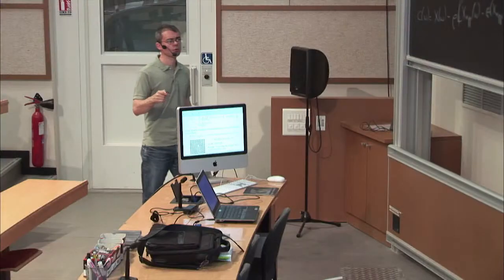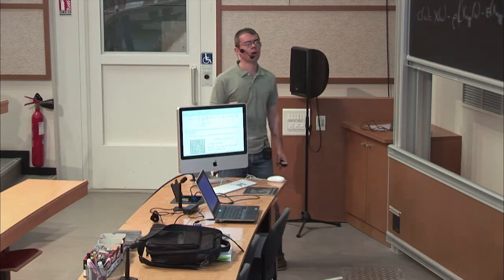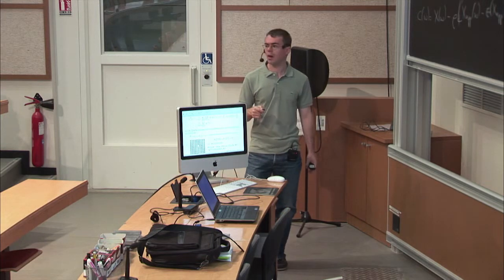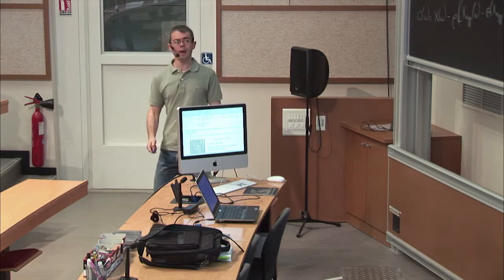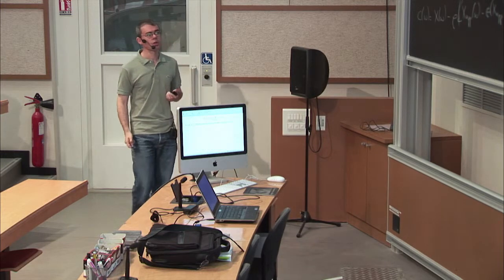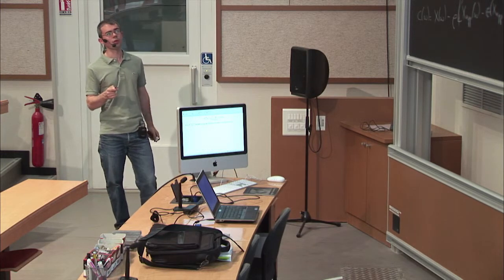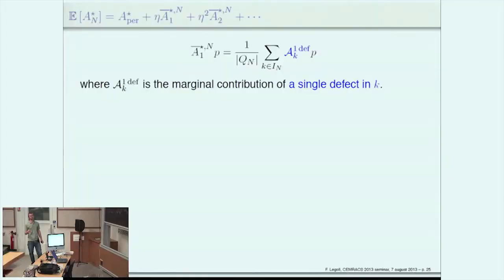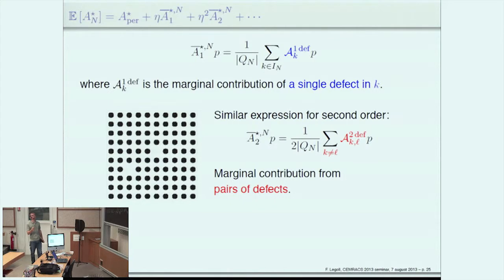Okay, and because of the periodic boundary condition, if I place this defect here or there, it does not matter. Okay, and the first order is due to the marginal contribution of configurations with a single defect, and now I have the second order corrections, which is due to configurations with 2 defects. Okay, so it's the marginal contribution of a configuration with 2 defects.